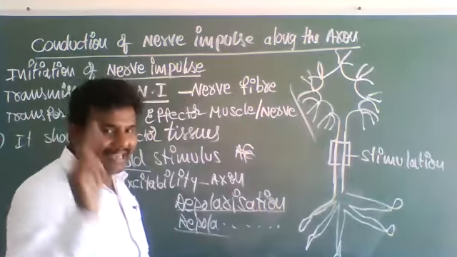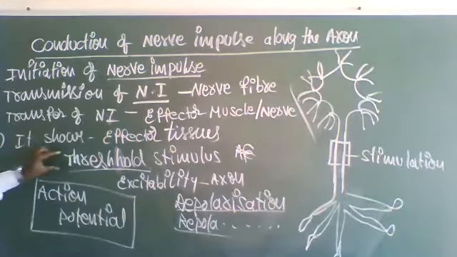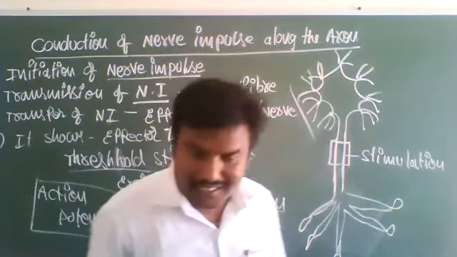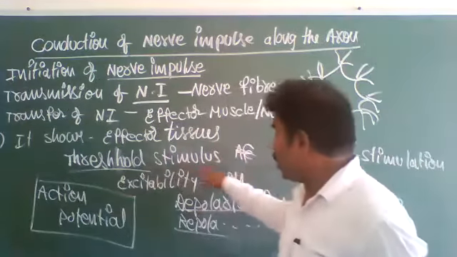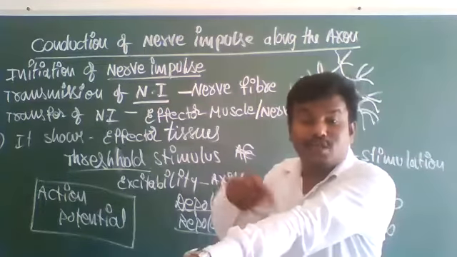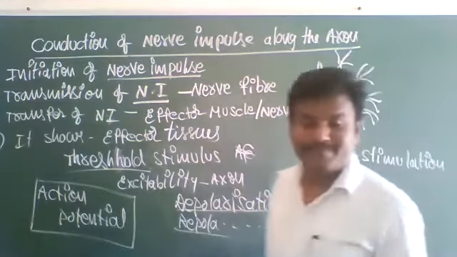See, once again I will repeat this point. Initiation of a nerve impulse occurs when a threshold stimulus is applied to the neuron. Applied to the neuron means axon.